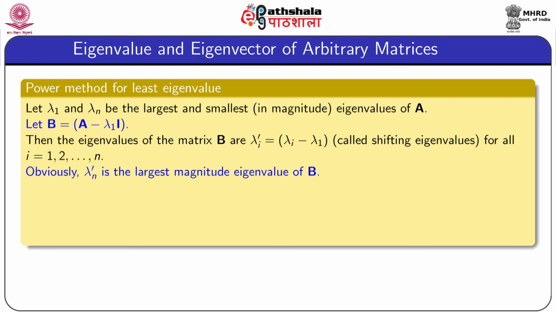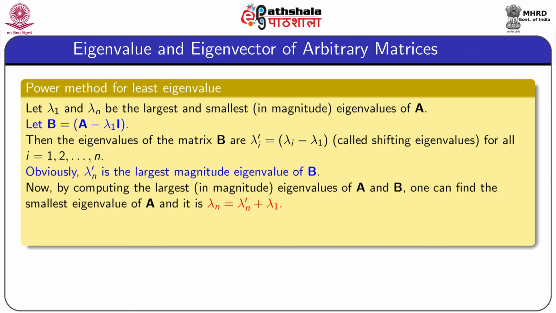Obviously, lambda n prime is the largest magnitude eigenvalue of the matrix B. So, by computing the largest eigenvalues of the matrices A and B, we can find the smallest eigenvalue of A using the formula lambda n equal to lambda n prime plus lambda 1.